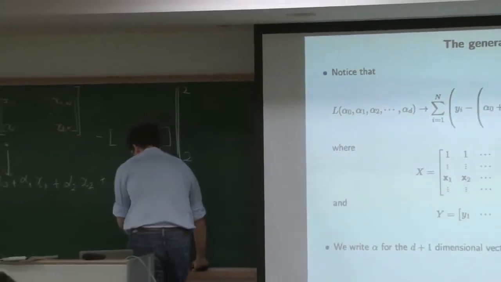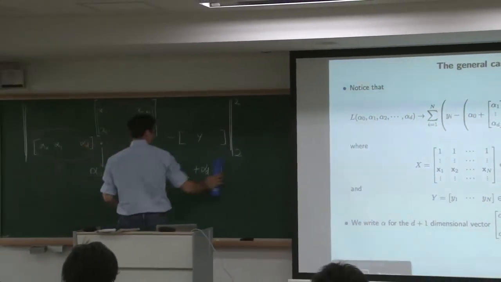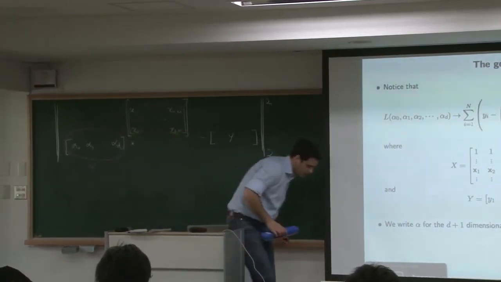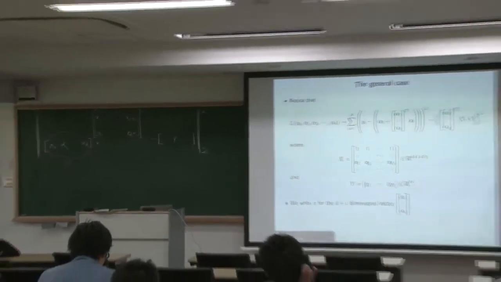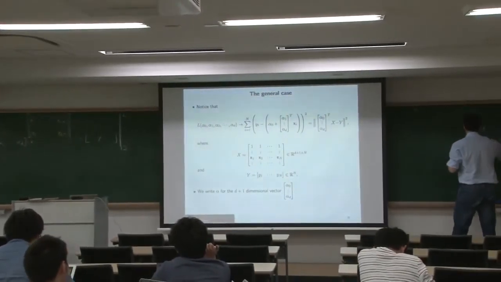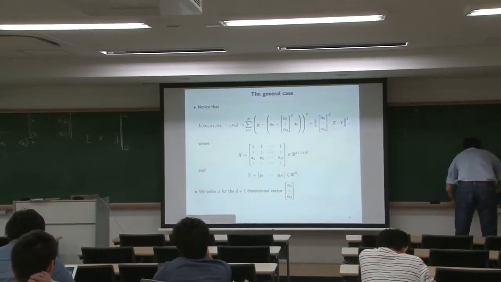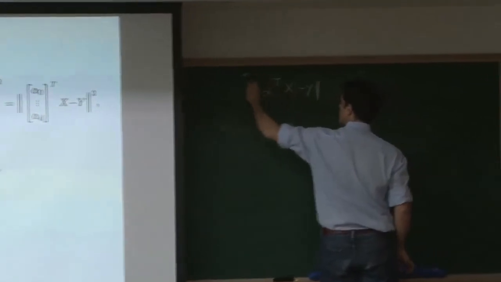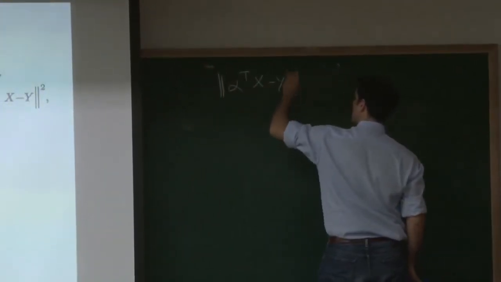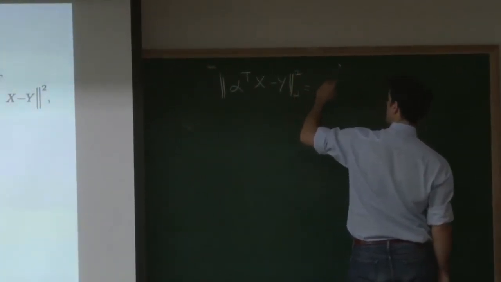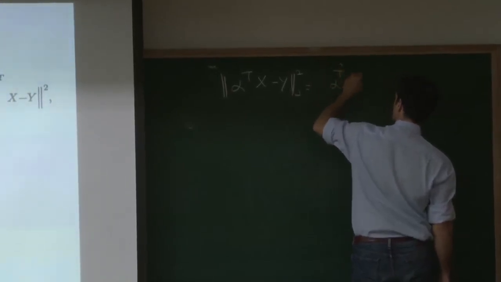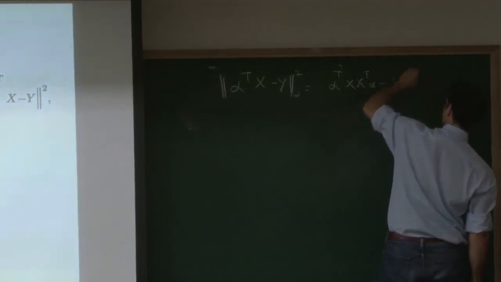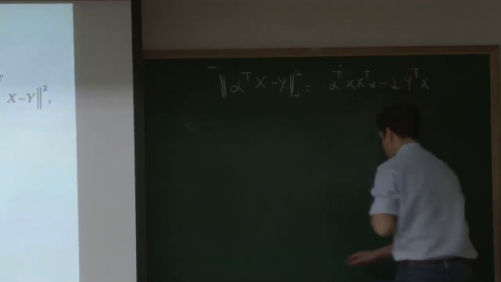And so let's expand it a bit. I'm sure you will know how we do that. If I have alpha transpose x minus y, then of course this is equivalent to writing alpha transpose x transpose alpha minus 2y transpose x.